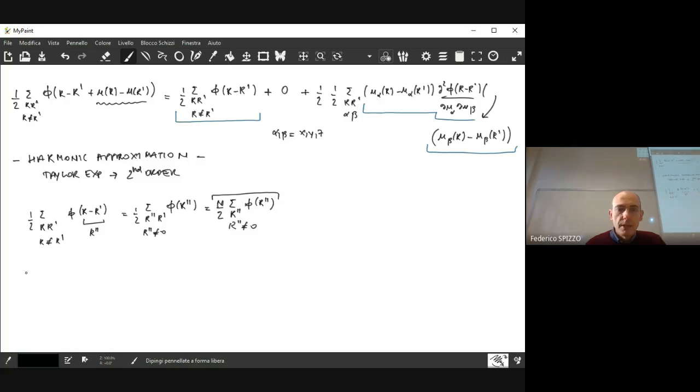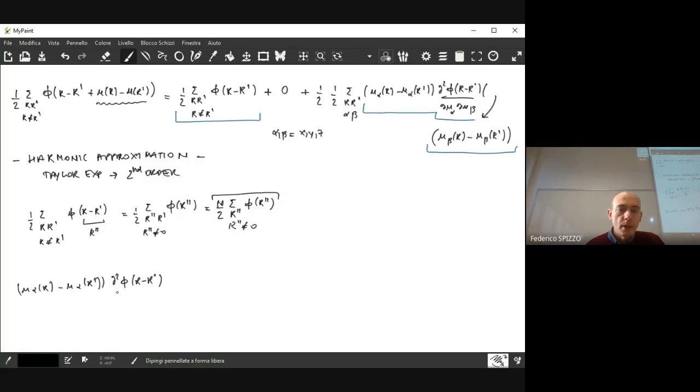So now let's consider the second order term. In this case, we have u of alpha position r minus u of alpha position r prime. Then we have the second derivative of r minus r prime.